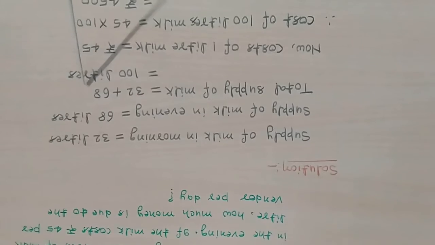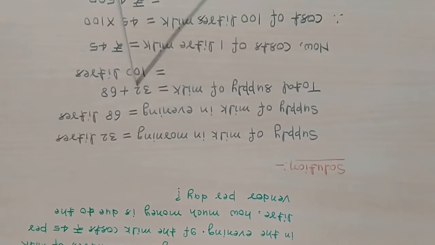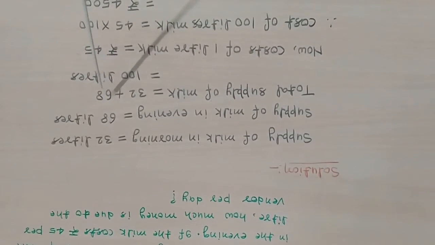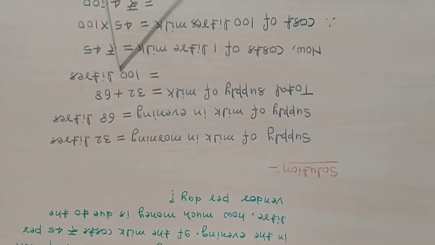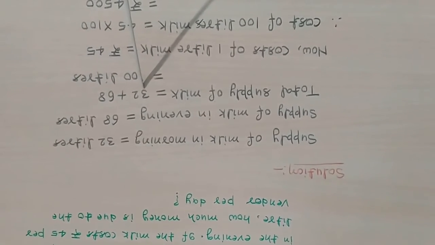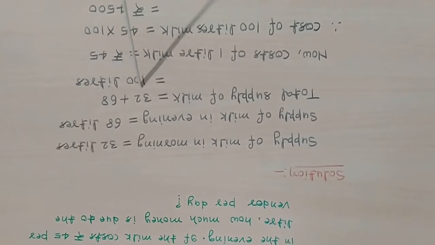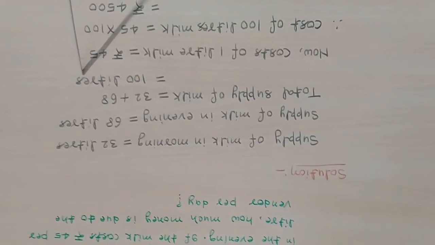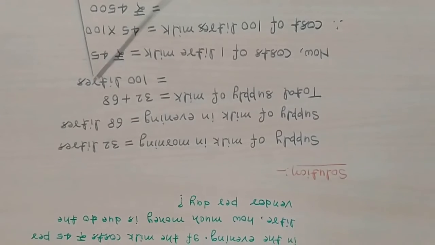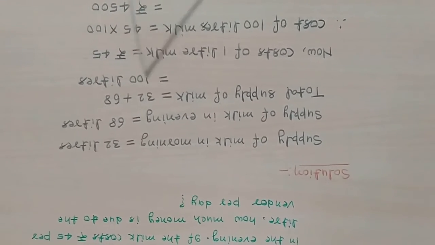So total supply of milk is 32 plus 68. 8 plus 2 is 10, 0 carry 1, 6 plus 3 is 9, plus 1 is 10. So it becomes 100 liters. So total milk supply is 100 liters per day.